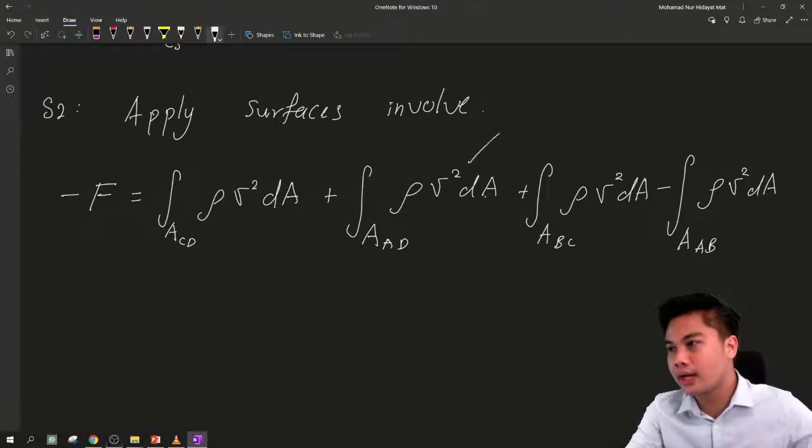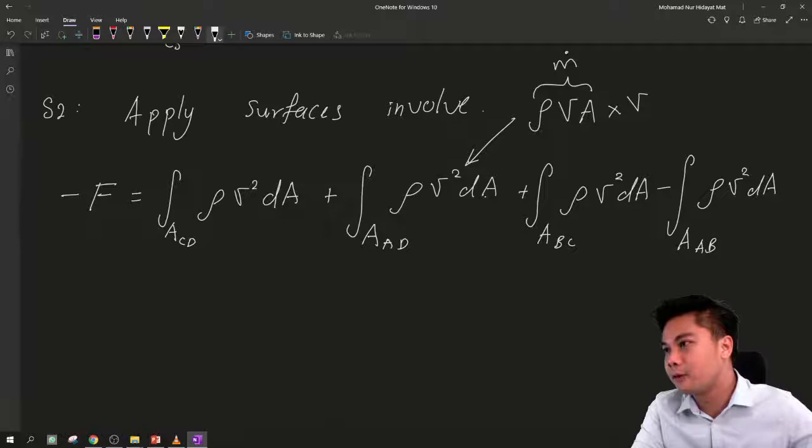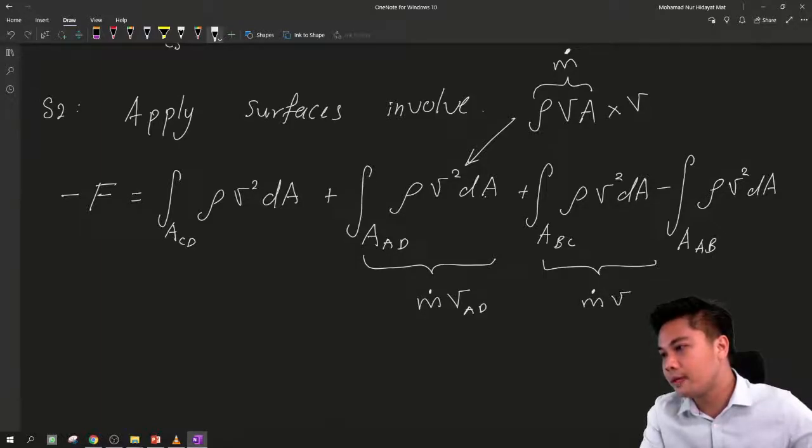When we expand this, it is rho V A multiplied with V. Rho V A is actually the same as the mass flow rate, from the continuity equation: m dot is equal to rho V A. So this term we can replace with m dot V for AD, and this term as well, being symmetrical, we can replace with m dot V for BC.